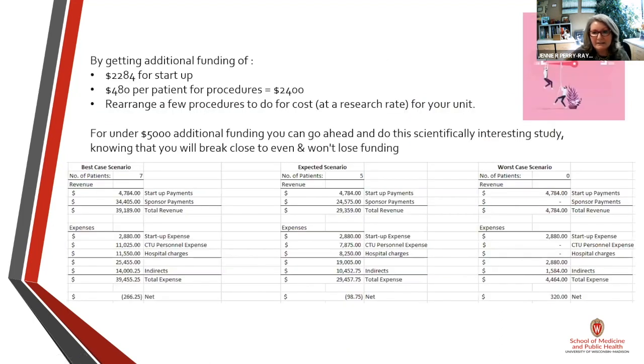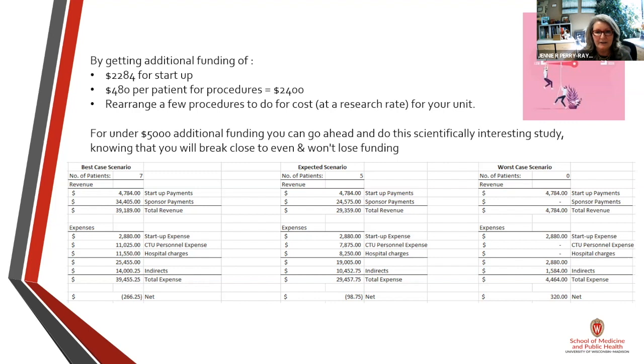So going back to the study, let's say you were able to get an additional $2,200 or so from the sponsor. You were able to get maybe $2,400 internally. You were able to rearrange a few things to make it work. So you look at this again, and really just by getting an additional $5,000, which in the grand scheme of things isn't that much, you'll be able to see that it changes your risk with this study a lot.